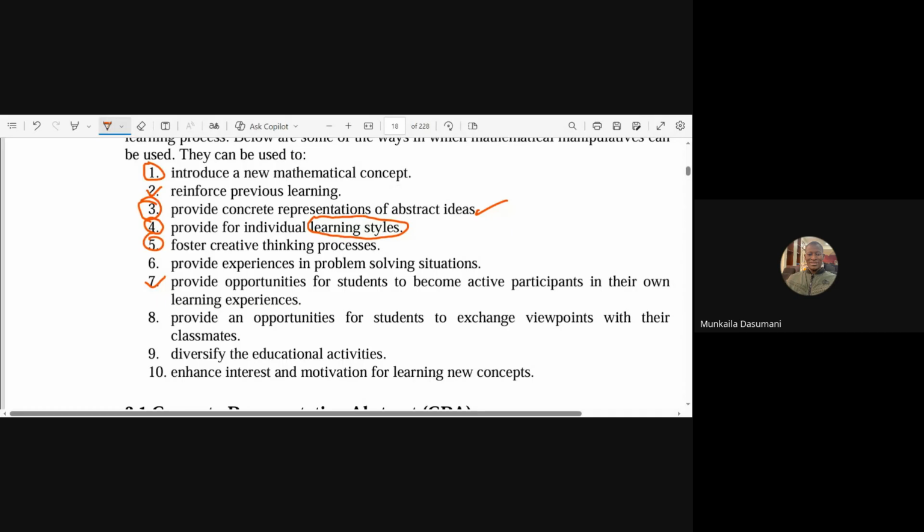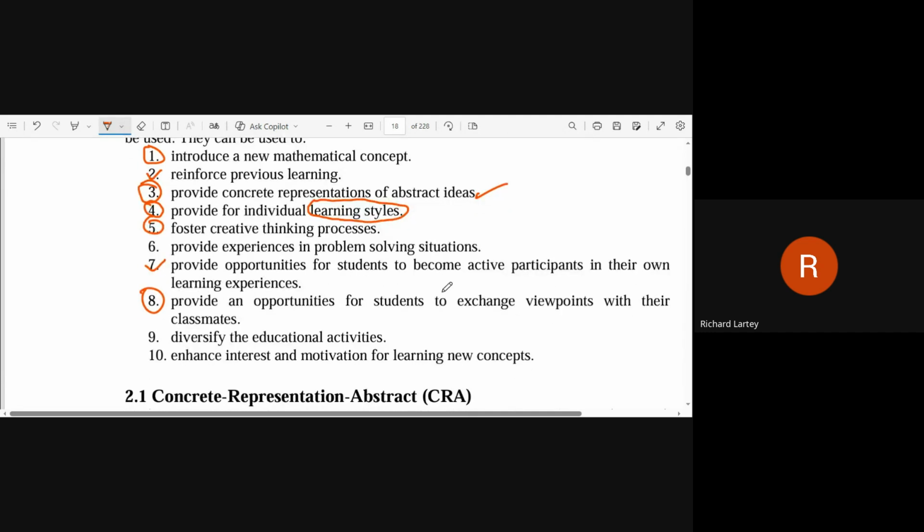All right. It provides an opportunity for students to exchange viewpoints with their classmates. So at this point, when they tend to use manipulatives, that is when they tend to exchange what they are seeing. That is where what we call abstraction takes place.